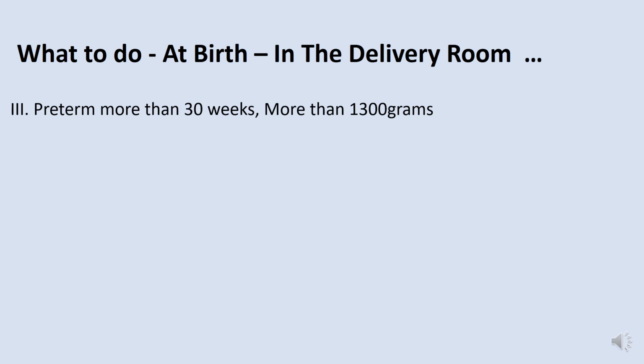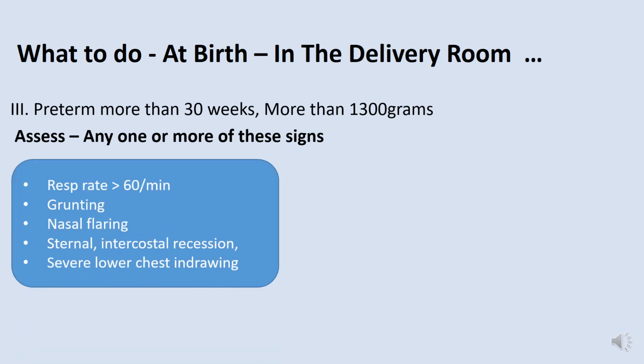If you are dealing with a preterm who is more than 30 weeks gestation or has a birth weight of more than 1.3 kilos, you need to assess them. These are fairly big. You need to assess them for any one of these signs that we are going to see. Respiratory rate, if it is more than 60, if they're grunting, if they have nasal flaring, if they have a sternal intercostal recession, or if they have severe chest wall indrawing.